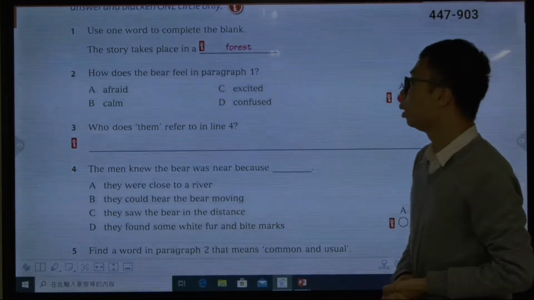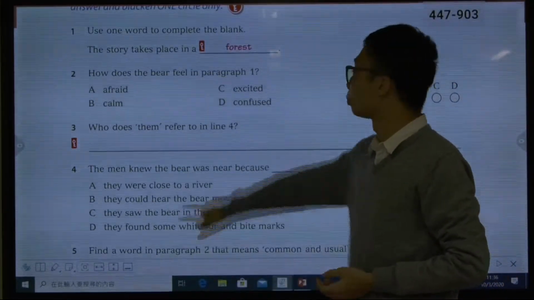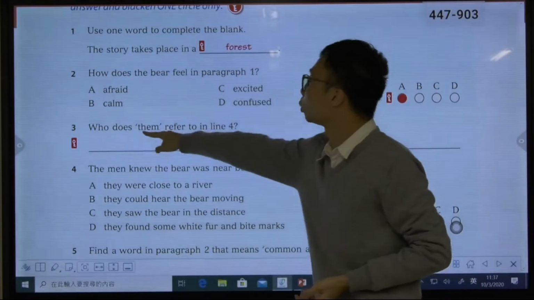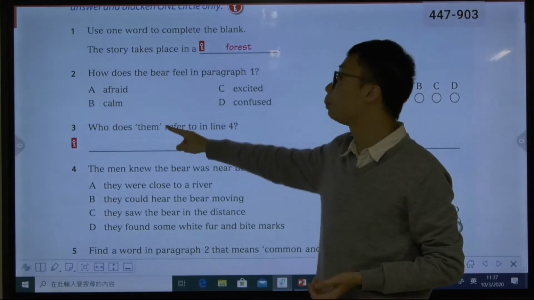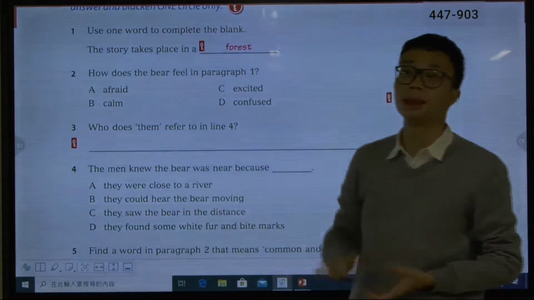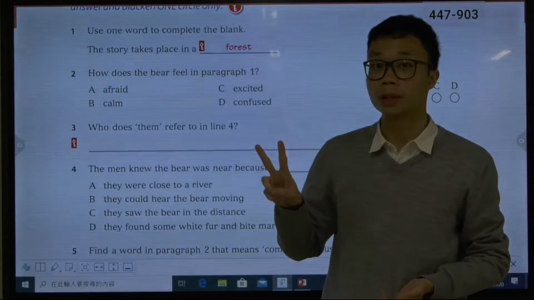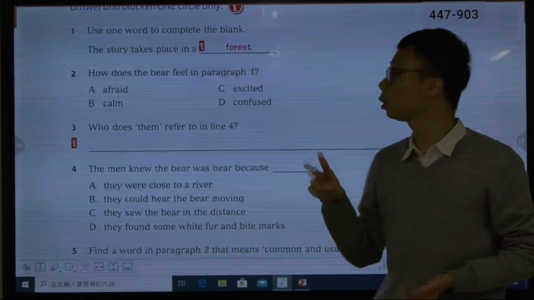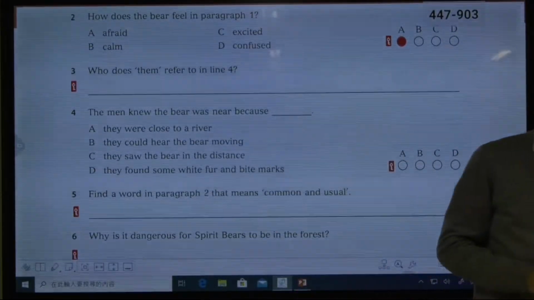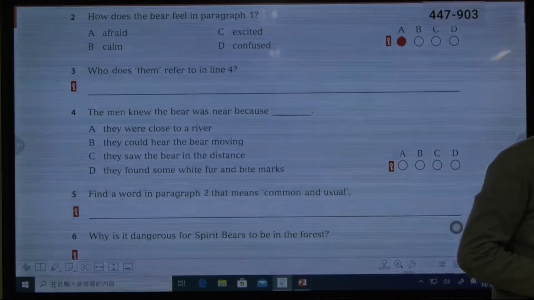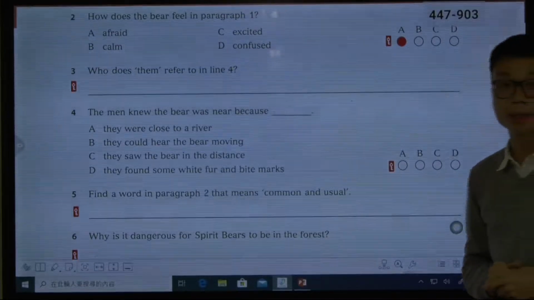Question number 3. Who does them refer to in line 4? Quick thing: does the word them mean singular or plural? It's plural. That means they're looking for an answer with two people or more. Let's read line 4: I heard noises before I saw them.